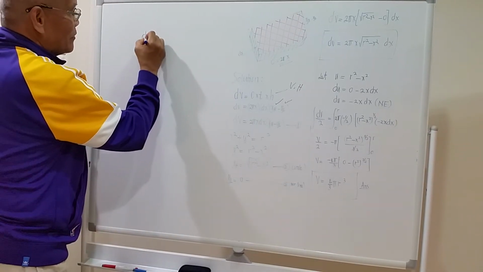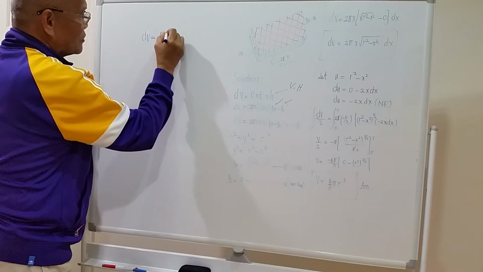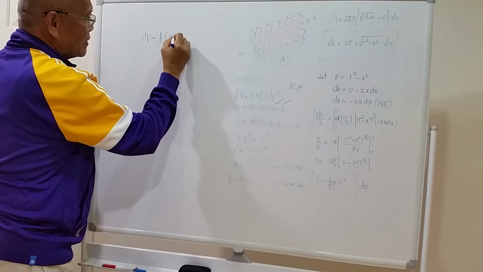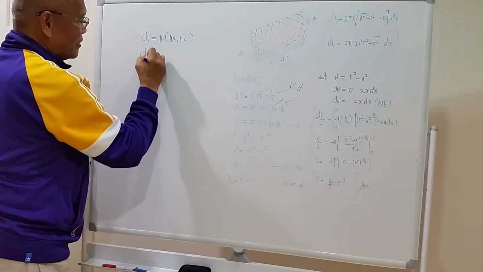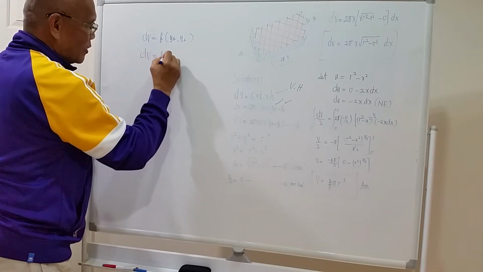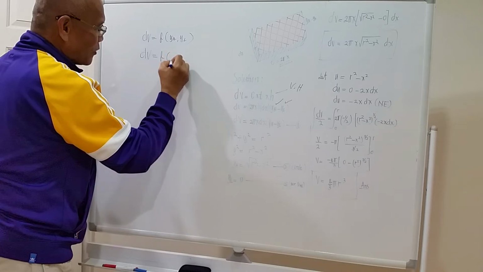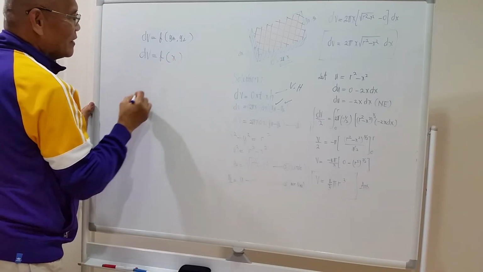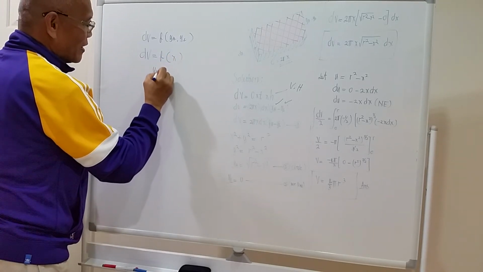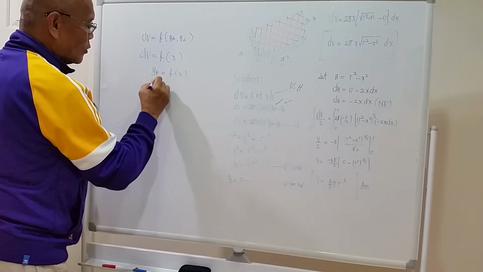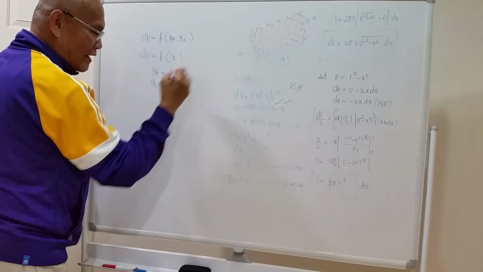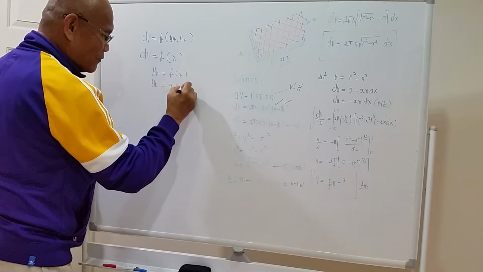So we are now given differential volume as a function of y higher and y lower. What will come out should be a pure function of x. So we will derive y higher as a function of x, and y lower also another function of x, g of x.